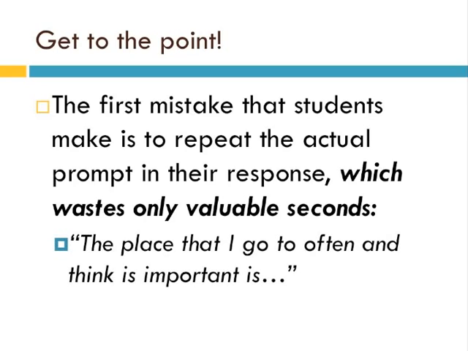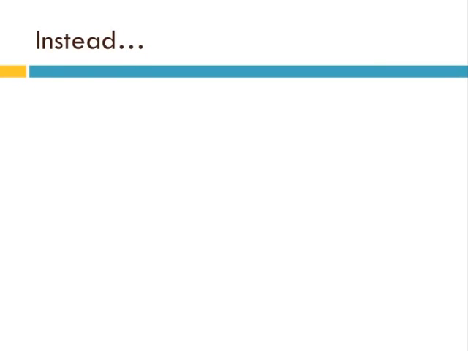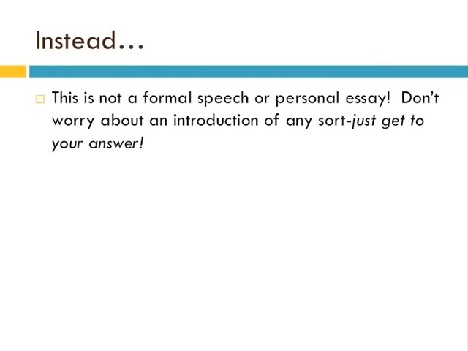So, for example, sometimes students begin with a response, "The place that I go to often and think that is important is," and then they give the answer. Well, again, in this case, just get directly to the point. So, in this case, remember, it's not a formal speech or personal essay. It's just extemporaneous speaking. So don't worry about giving an introduction, just get to your answer.